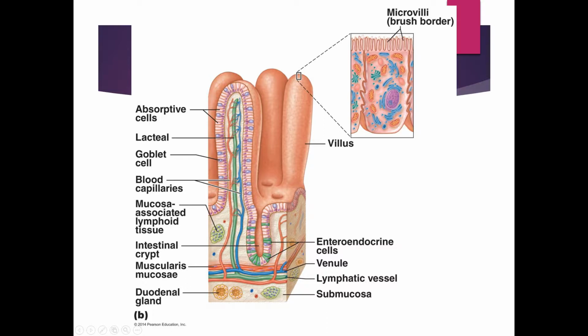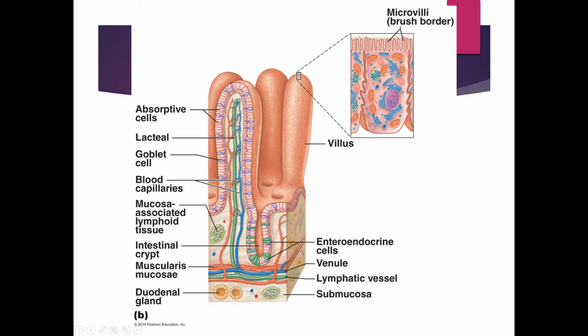And so as the digested fats that are out here in the lumen pass through, it's a lot more difficult for the fats to pass in here. You would think, because they're lipids in the membrane, they would, but while they're out here in the lumen, we'll talk about that with digestion.